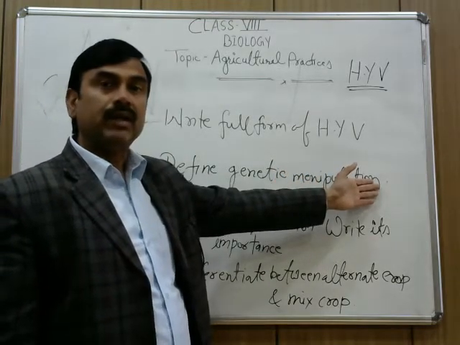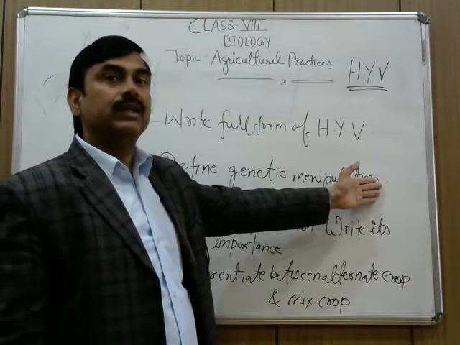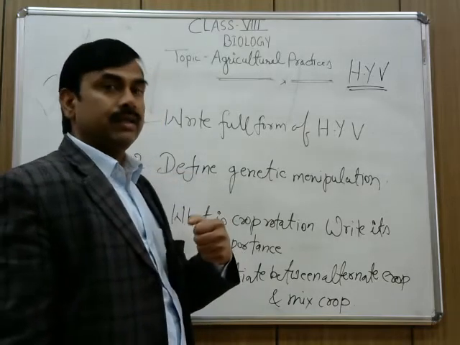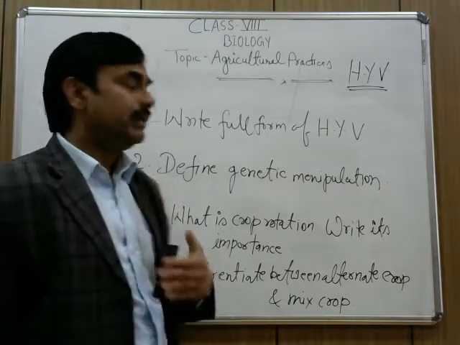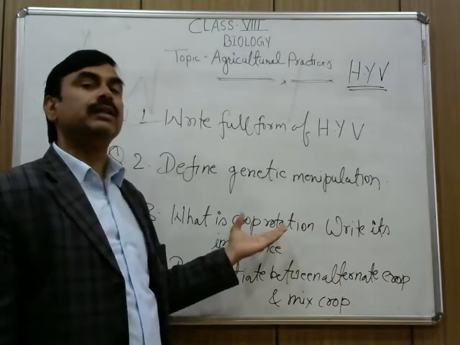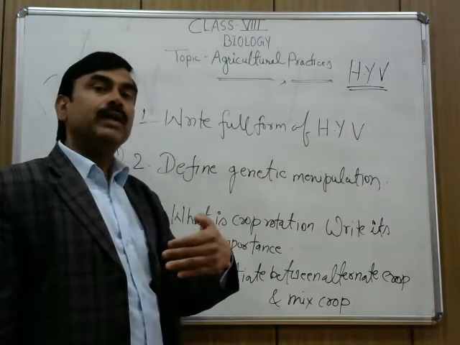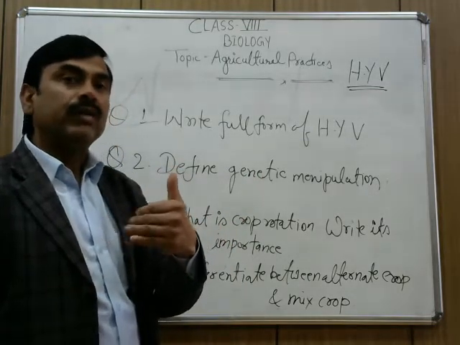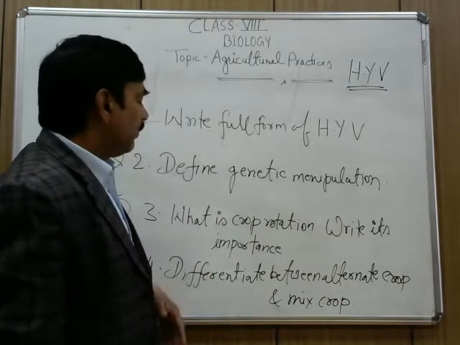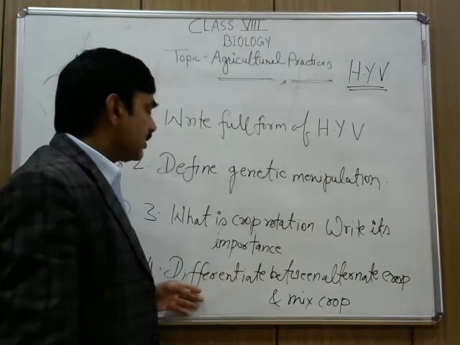In this segment, we produce good quality, good quantity crop. In the genetic manipulation, the genetic level is involved. The genetic engineering is involved in this genetic manipulation. The crop rotation, as I told you, in this method we change the crop, we grow the legumes family, we grow the pulse family crop, in which we can produce more and more crop. And the last one is differentiate between alternate crop methods and mixed crop methods.